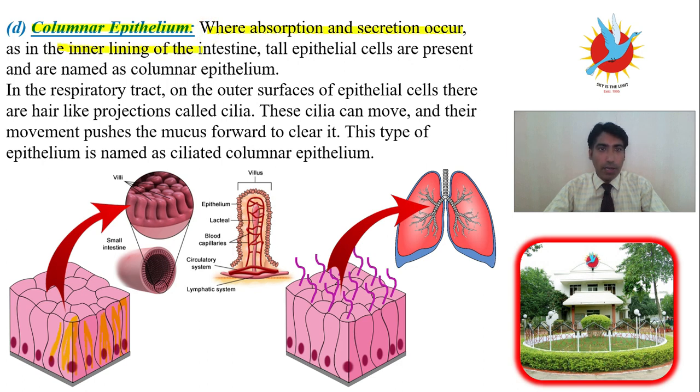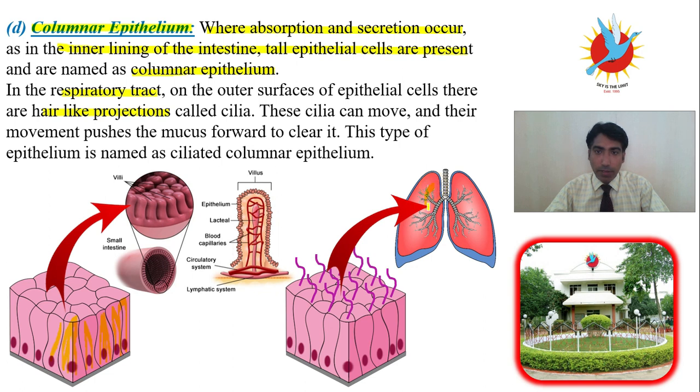As in the inner lining of the intestine, tall epithelial cells are present and are named as columnar epithelium. In the respiratory tract, on the outer surface of the epithelial cells, there are hair-like projections.